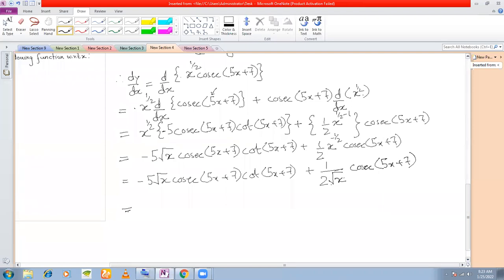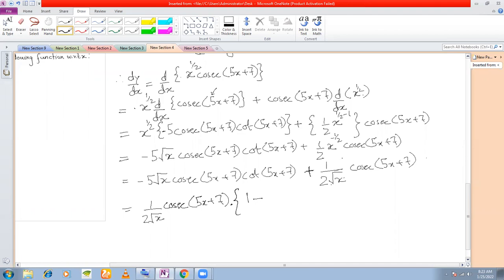Now what you can do here is that you can take 1 by 2 root x, just to write it in a, because your differentiation is complete here, or even here also it's complete. Okay. So what you just need to do here is that you need to express your answer in a better manner. So I take 1 by 2 root x cosec 5x plus 7 common, right? And I multiply this by 1 minus, because I'm taking 2 root x cosec 5x plus 7 common.